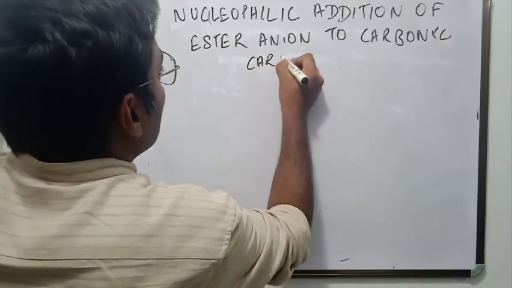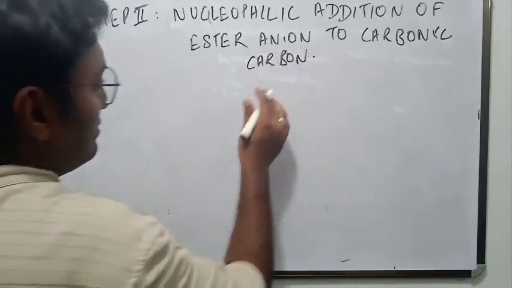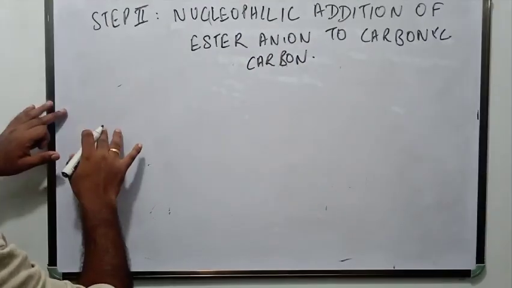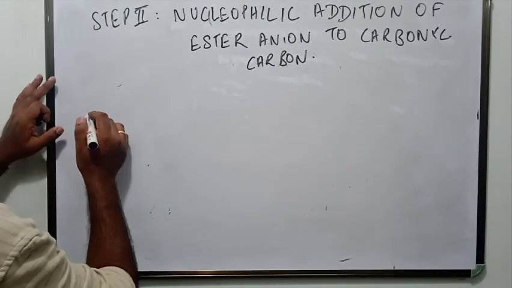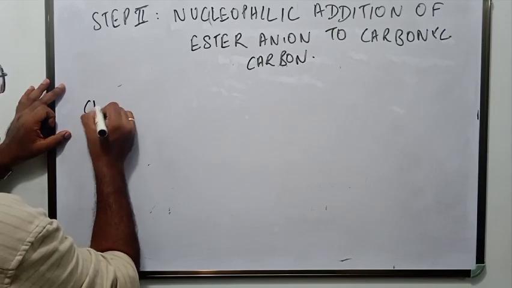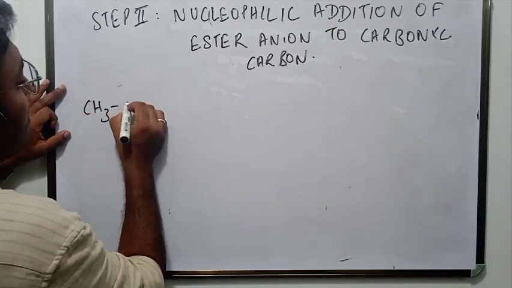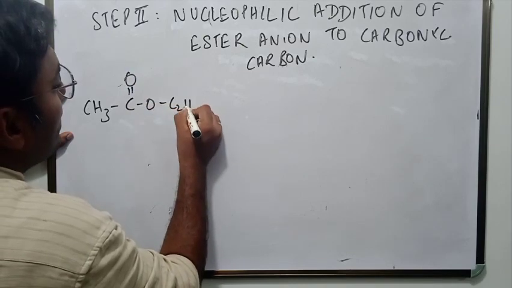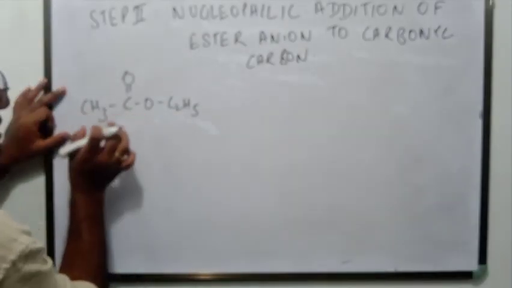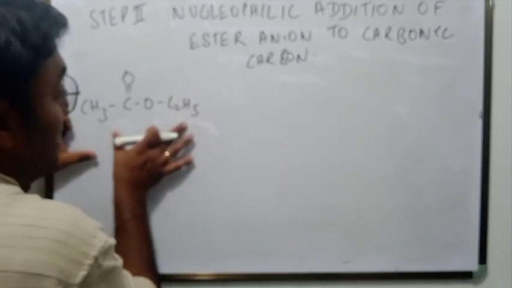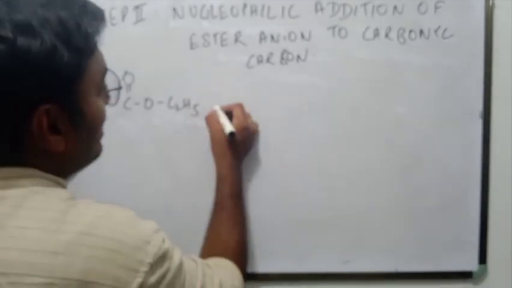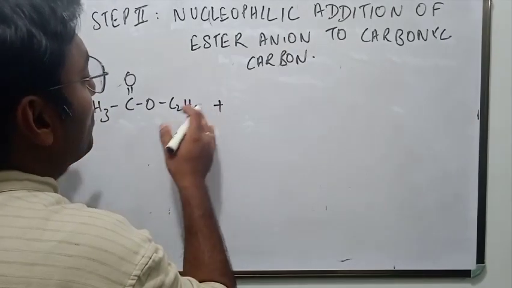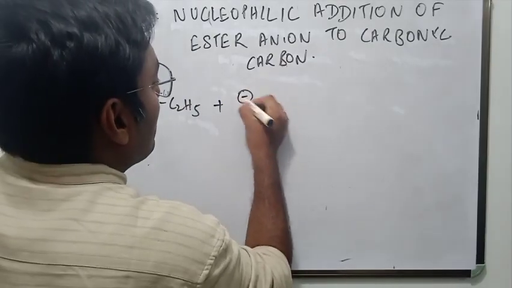How? For that, let us first draw the ester molecule. The ester molecule is ethyl acetate. This is the ethyl and this is the acetate. Ethyl acetate is the ester. This is the second molecule of the ester that we are taking. Treat it with your ester anion. Ester anion is like this.